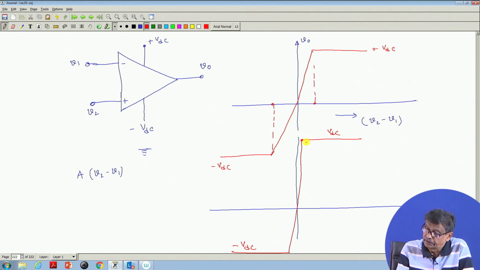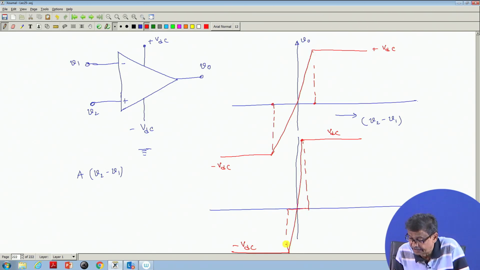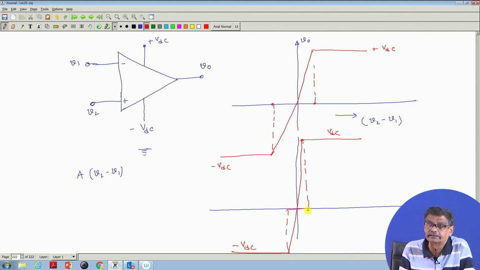This zone, we will say the op amp operates in this zone. So if the value of V2 minus V1 is outside this range, and this range is very small because the gain is very high, this relationship only holds good between these two limits.